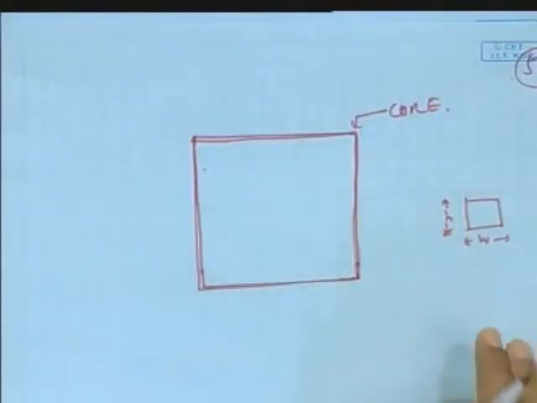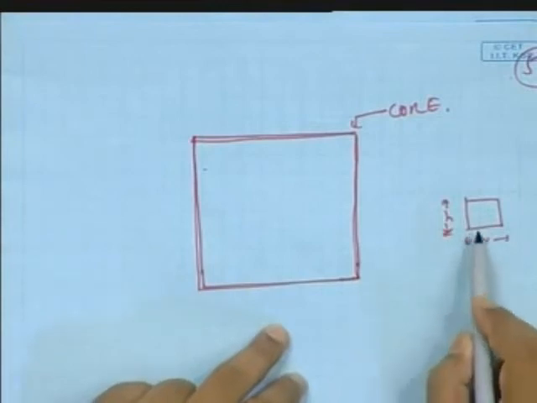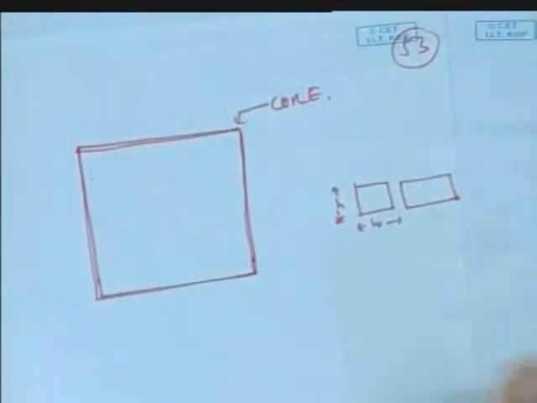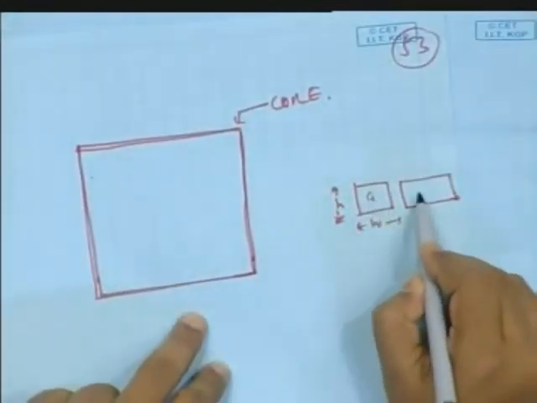So what is standard in a standard cell? I'm talking about, say, 0.18 micron. The height remains the same, and the width can be varied. So the next cell could be of the same height but different width. Is it clear? This is standard cell C1, this is C2.